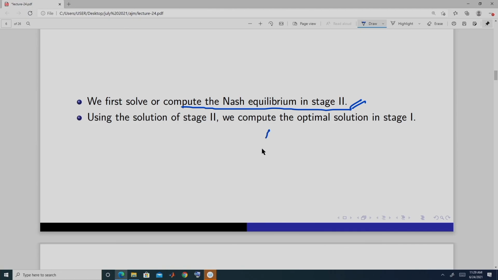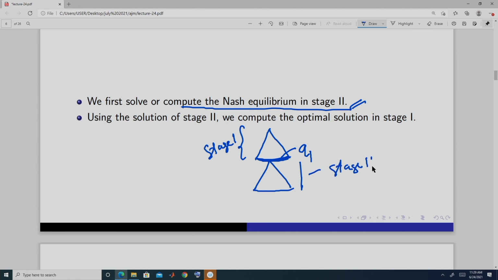If you look at the game structure, it is something like this, where this is Q1 and this is stage 1, and then this is stage 2 and this is Q2. Q2 is continuous, so I have drawn it like this.